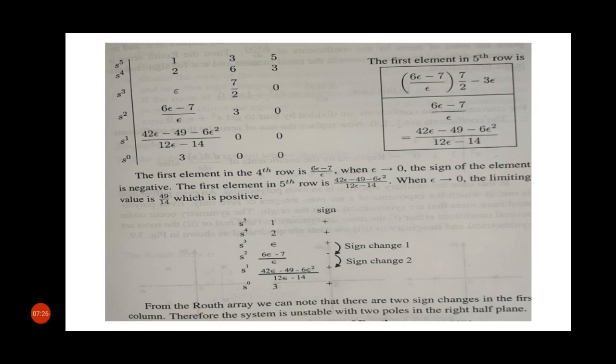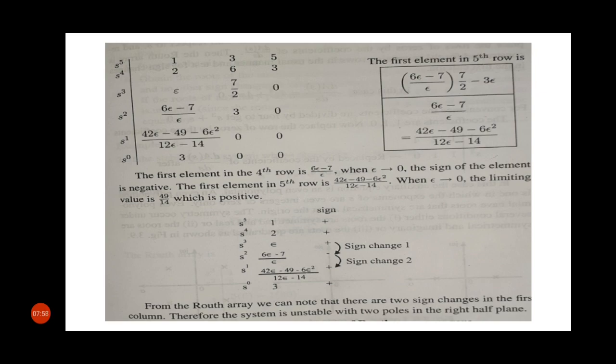See the first element in the fourth row is (6 epsilon - 7)/epsilon. When epsilon tends to 0, the sign of the element is negative. Now see the first element in the fifth row: (42 epsilon - 49 - 6 epsilon^2)/(12 epsilon - 14).